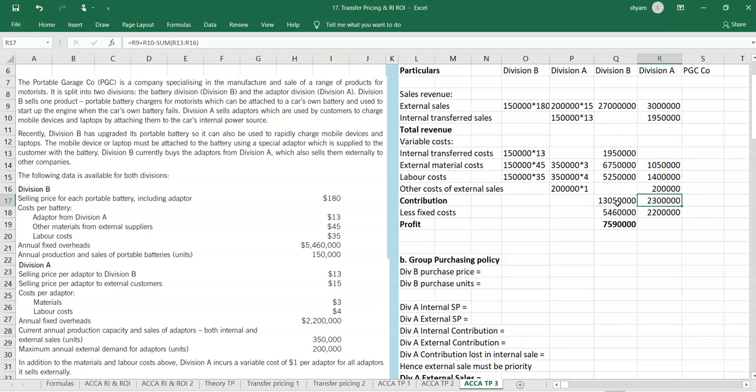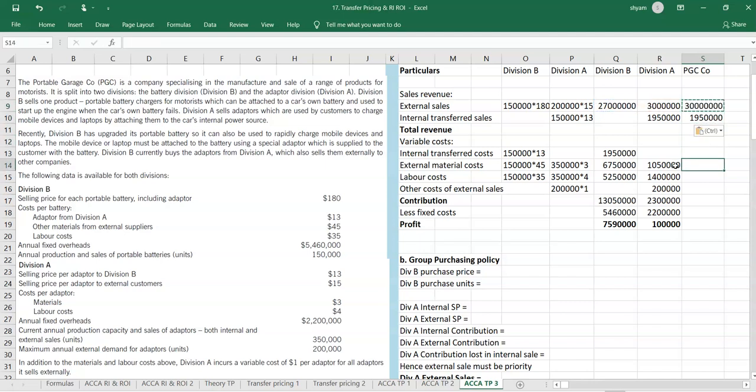So let's find the contribution. Contribution is adding these numbers and deducting these numbers. So we got it, and this is our profit. So what would be the total profit? If you want, you just have to add all the numbers. You will get it. You add this number plus this number.